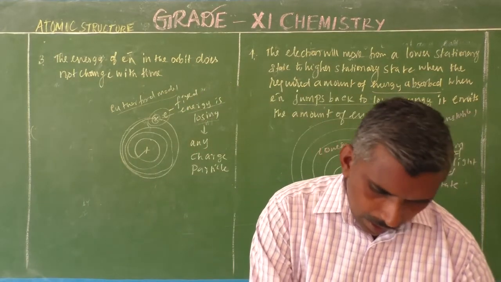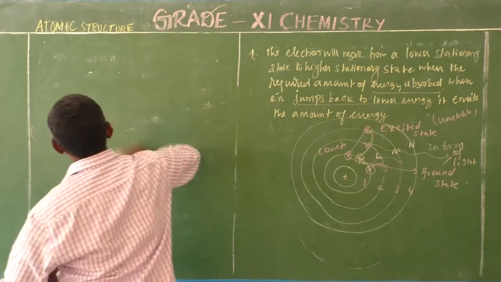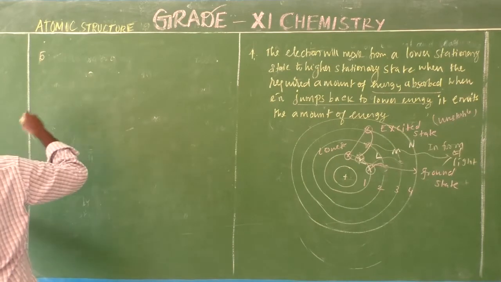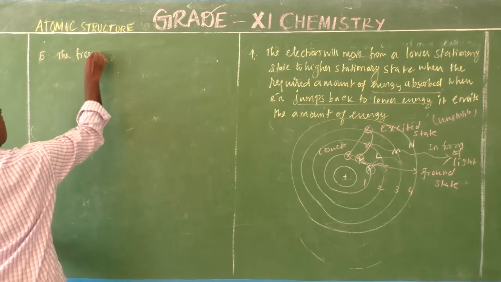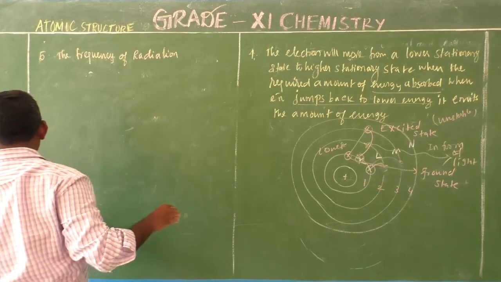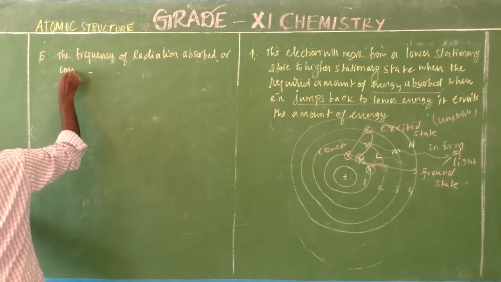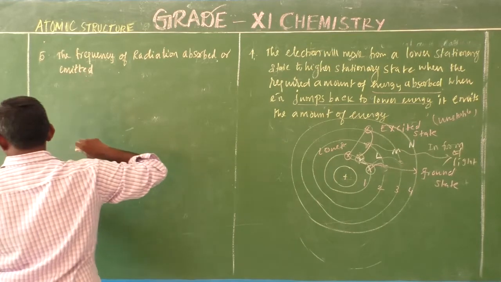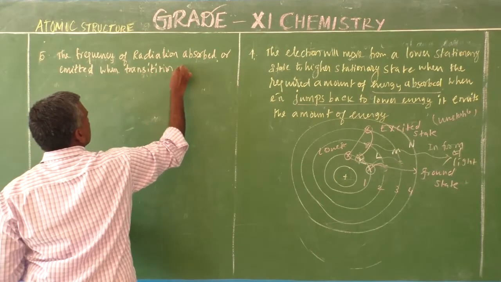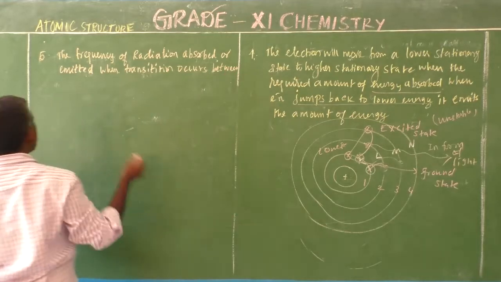Now the fifth postulate. The frequency of radiation observed or emitted in the form of light is emitted when a transition occurs between two stationary states.